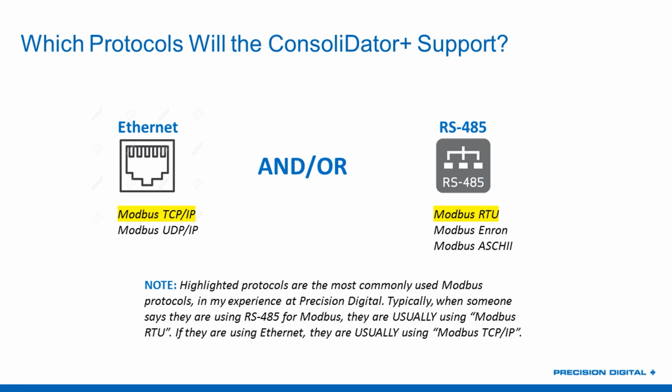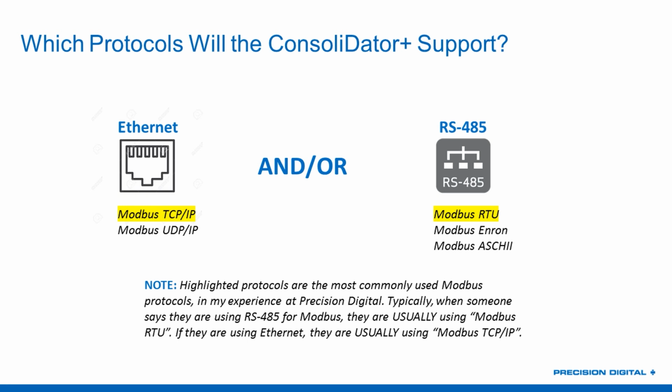Now you're going to notice that there might be a couple names in there you've never heard of, and there are two that are highlighted. The reason I did that is, and this is not a blanket statement, usually if somebody tells you I have Modbus RTU, they're using RS-45. Or if they tell you that they're using Modbus RS-45, they're usually using Modbus RTU.